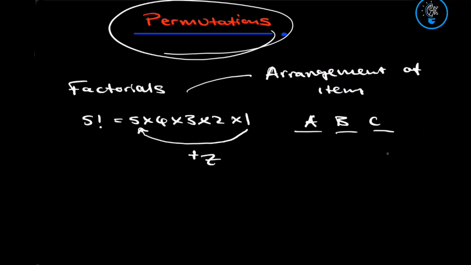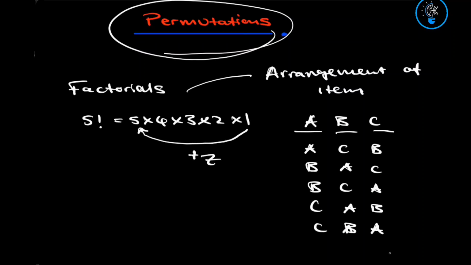So normally by analysis, we can say this can be arranged as A, B, C. The other way of arranging these letters is A, C, B. The other one is by starting with B. Then you say B, A, C, or B, C, A. Or we can begin with C. It's also a possible arrangement where we say C, A, B, or C, B, A. So when you count these possible ways of arranging ABC, we can see that we have 6.